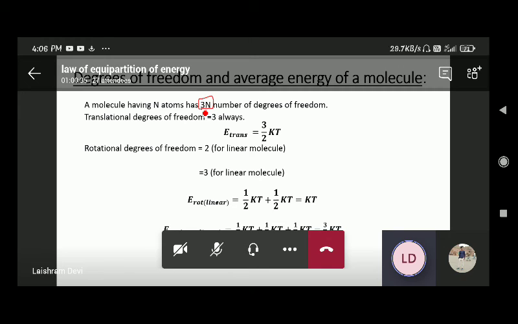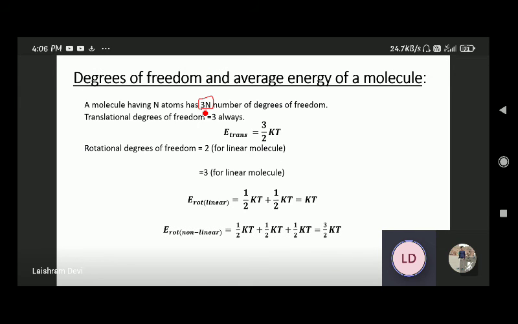The first thing is the total number of degrees of freedom, then we will see how many translational degrees of freedom there will be, always 3. How many rotational degrees of freedom will there be: if linear, 2 will be subtracted, and if non-linear, there will be 3 rotational degrees of freedom. So the number of degrees of freedom for vibration will be equal to the total number of degrees of freedom minus the translational and rotational ones, right?